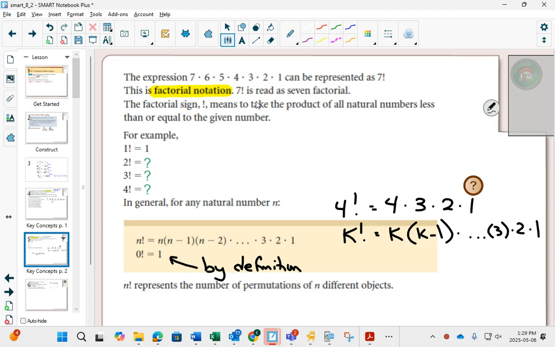You just keep going down by 1 until you get to 1. So sometimes they even have stuff like (a plus 3) factorial. Well, you would start with a plus 3. What's 1 less? A plus 2. What's 1 less? A plus 1. And you would keep going down until you got to 3, 2, 1, and you'd be done. So we're going to do some with variables and some with numbers.